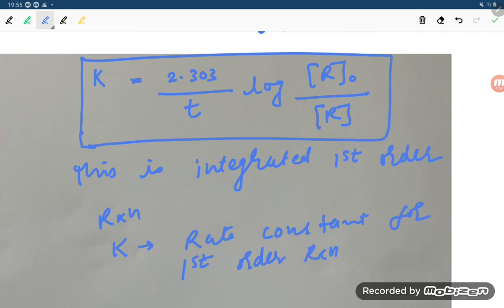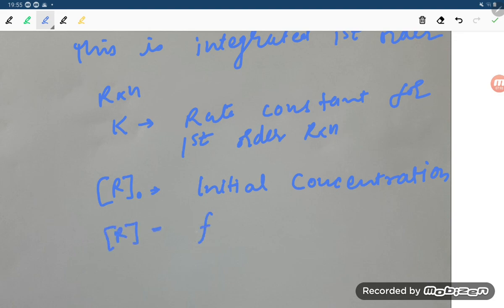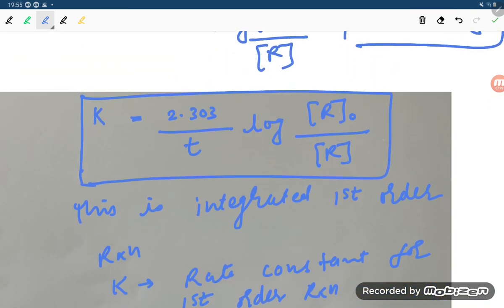R naught means the initial concentration, when the time t is equal to 0, and R is the final concentration. So this is the rate expression for the first order reaction.